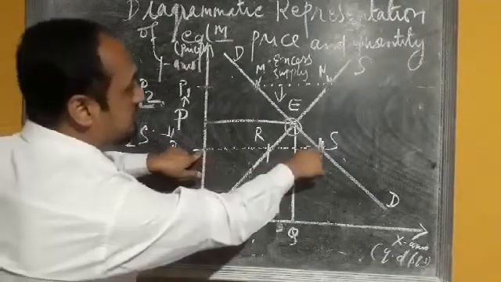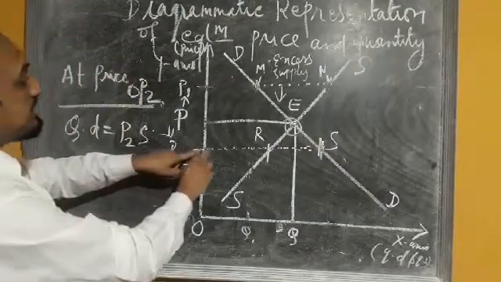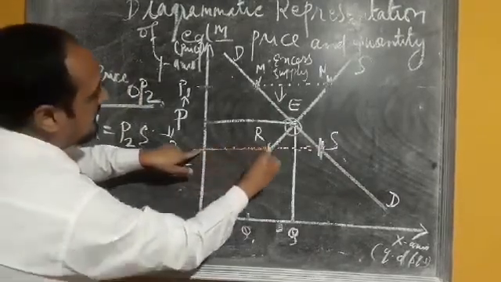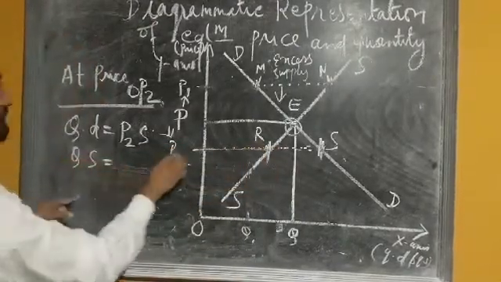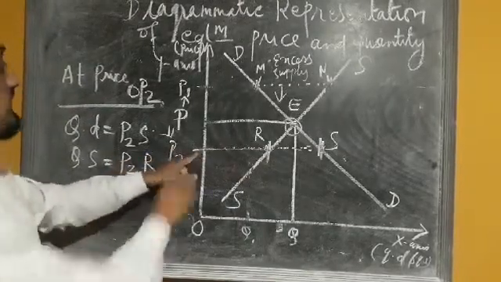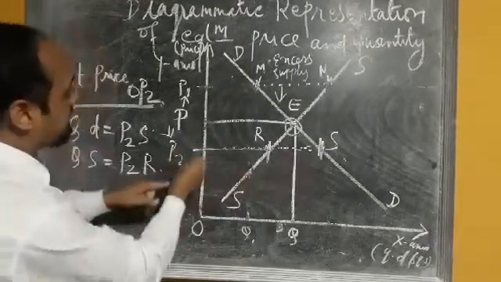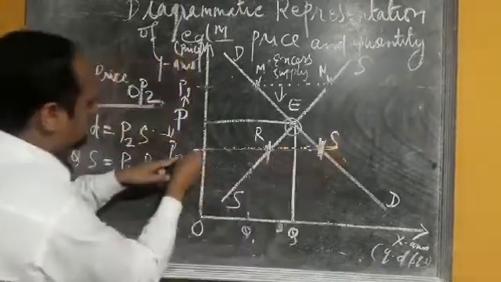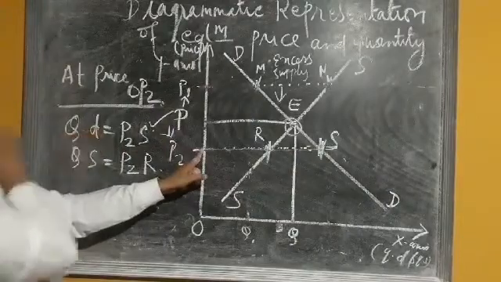And the quantity supply is P to R, because this price line is intersecting the supply curve at point R. So quantity supply is equal to P to R. Why is quantity demand P to S? Because this price line is intersecting the demand curve at point S. So this much, P to S, is your quantity demand.